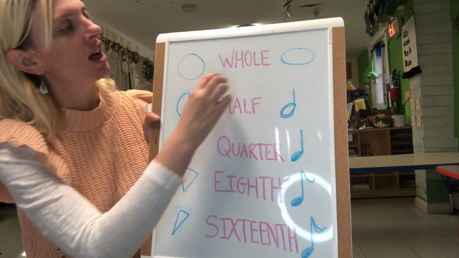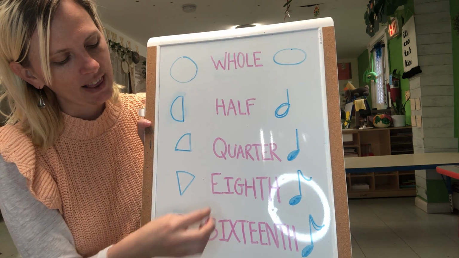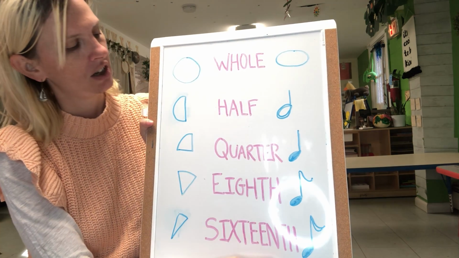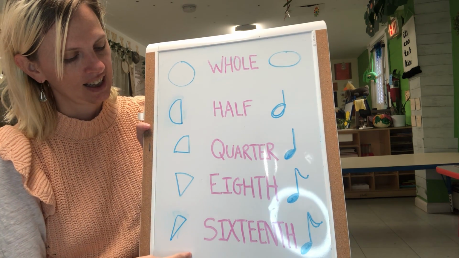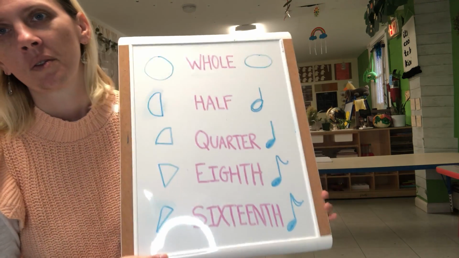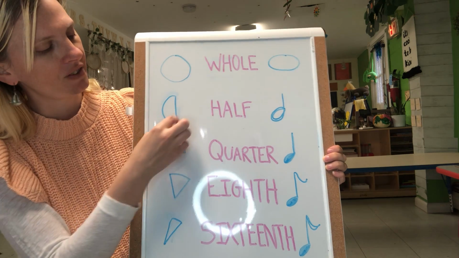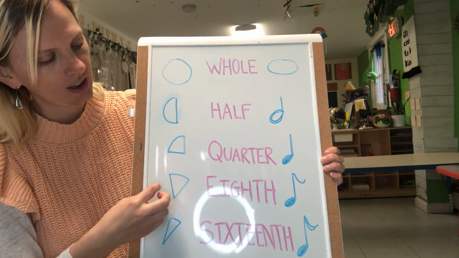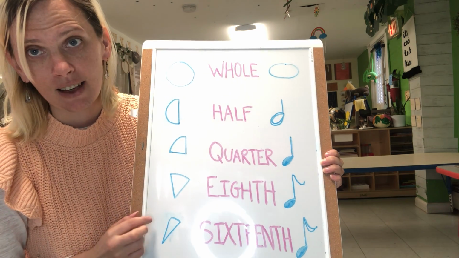There's a whole note, a half note, a quarter note, an eighth note, and a 16th note. And I drew different shapes here to represent what that means. You have a whole circle, a half circle, a quarter of a circle, an eighth of a circle, and a 16th slice of a circle.